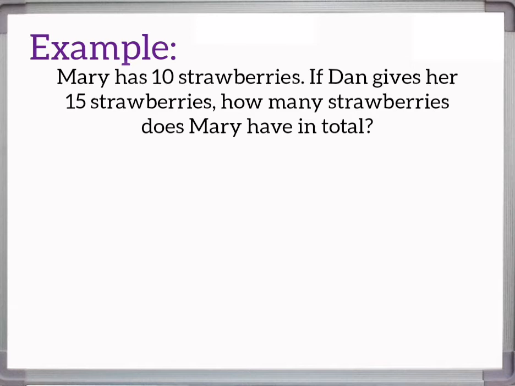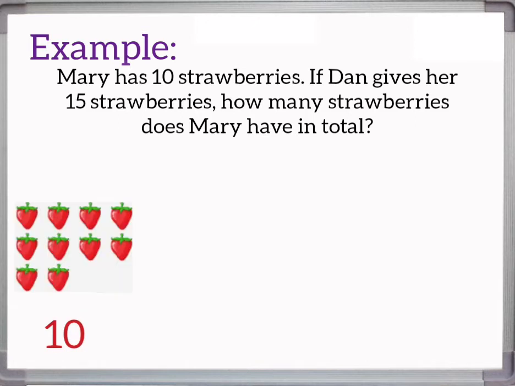Now, let's write the number sentence with the drawings. So, at first, Mary has 10 strawberries. So, we write the number 10 and we draw 10 strawberries. Plus, we write plus because then she was given more strawberries. So, Dan gives her 15 strawberries. So, let's write 15.